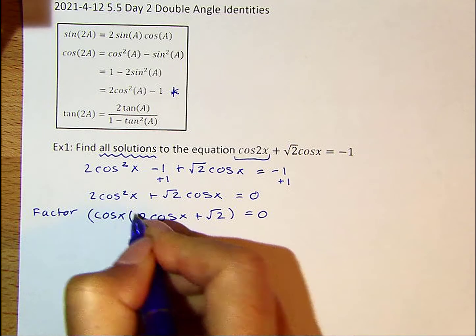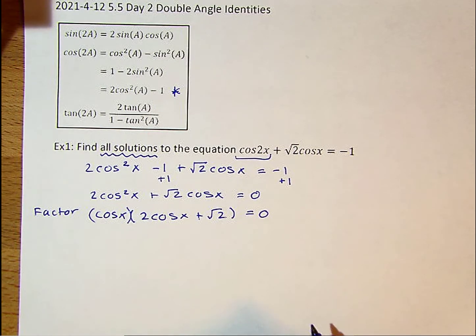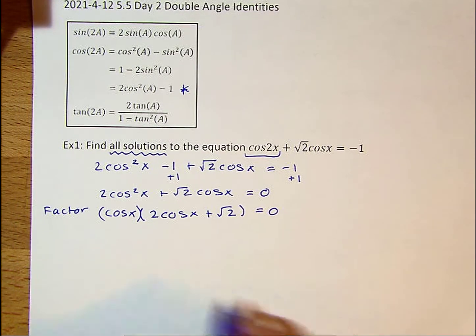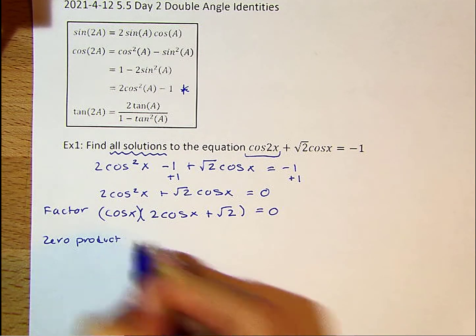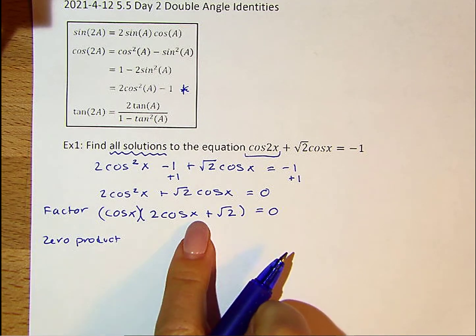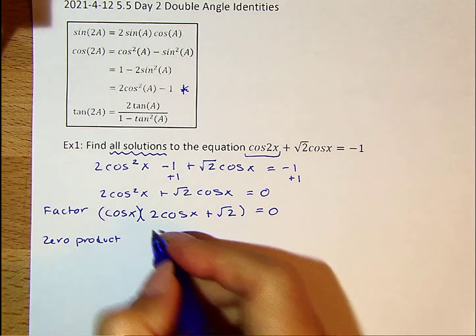And now I have 2 factors that are equal to 0. So I'm going to use the zero product property, meaning that I take each factor and I set them individually equal to 0.